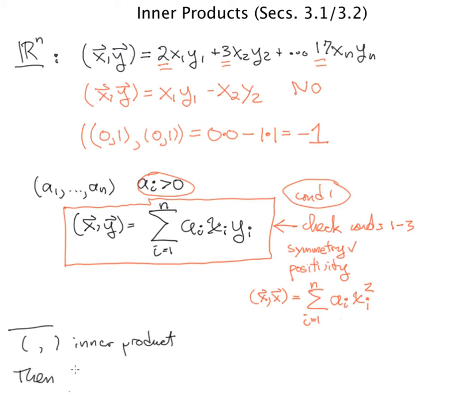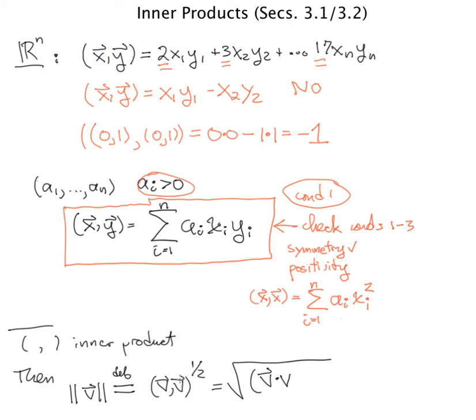The norm of a vector is defined to be the inner product of the vector with itself to the 1/2, which is to say the square root of the inner product of the vector with itself.